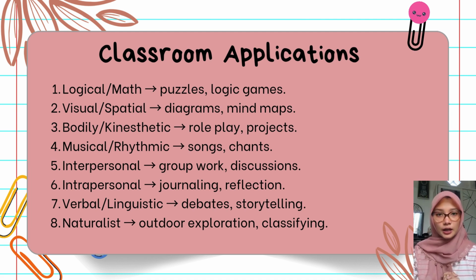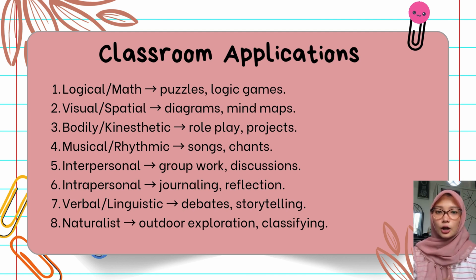Musical and rhythmic learners can learn effectively through songs and chants. Interpersonal intelligence means students like to work in groups or discuss ideas with others, while intrapersonal learners prefer journaling and self-reflection, since they understand themselves deeply.